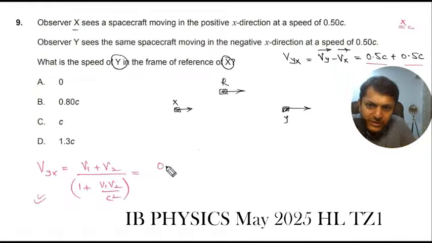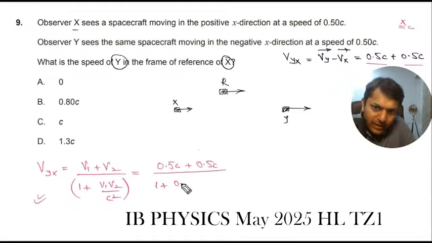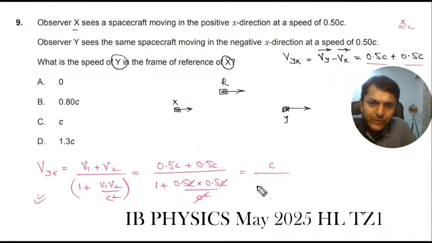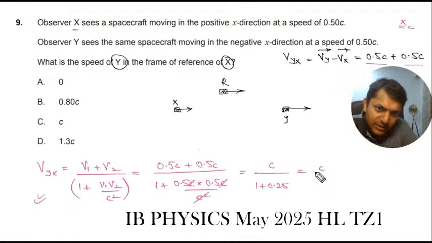Now this will be 0.5c plus 0.5c divided by 1 plus 0.5c multiplied by 0.5c divided by c squared. c and c and c, everything is getting cancelled out. So in the numerator you have half c plus half c is equal to c, and in the denominator you have this, so it becomes c divided by 1.25.